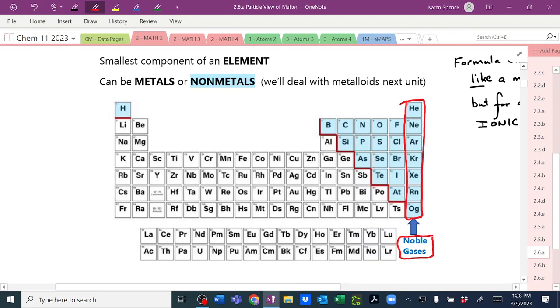And you'll notice I haven't made any mention of metalloids. I've sort of ignored the fact that they exist. So we'll talk about those in Unit 3, which is coming up right shortly. In fact, during the break. Okay. But right now, we have our metals. Don't forget that hydrogen is a nonmetal, even though it's on the left-hand side.